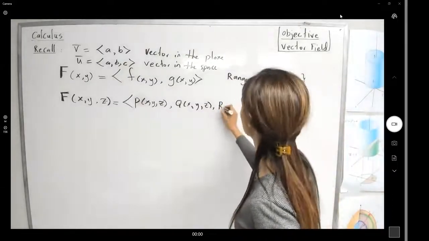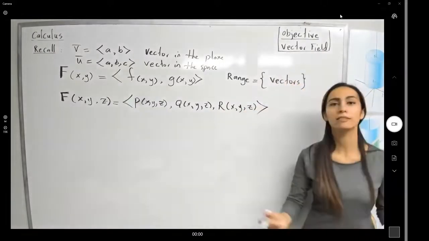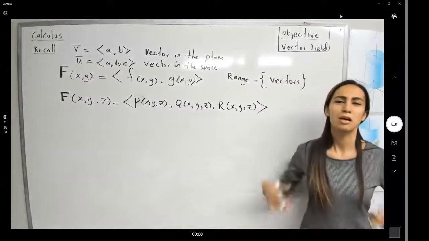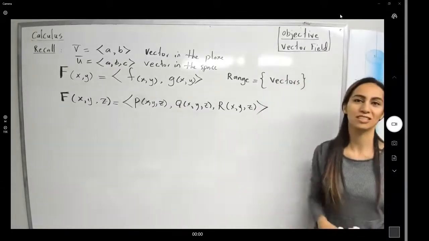For each position, the outcome is a vector. These are the components of this vector function. In the space, you have a collection of vectors as the range of this function.